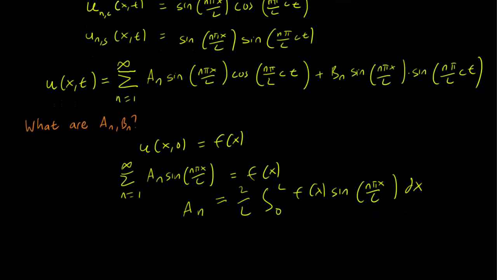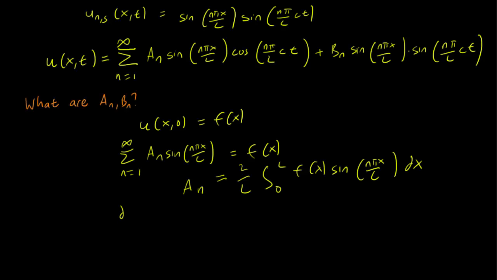Now let's consider instead the other initial condition, partial u partial t of u(x,0). Oh, before we do that, we should probably figure out what the t derivative of u(x,t) is for us. This is going to be the summation from n equals 1 to infinity.